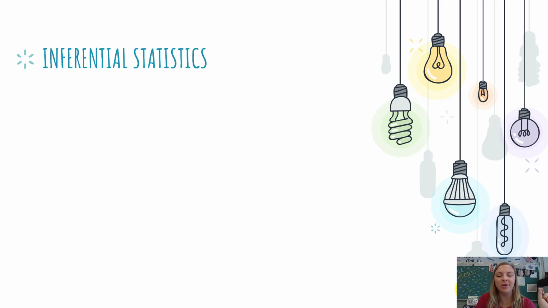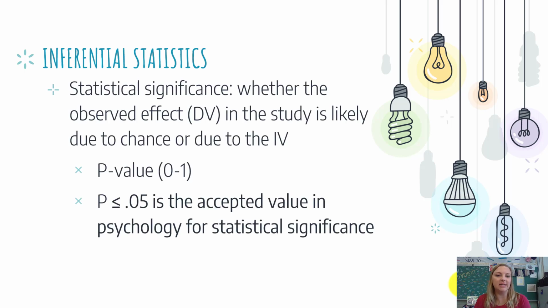Okay, now let's move on to inferential statistics. Again, let's look at that root word. Inferential statistics make inferences or draw conclusions about our data. Statistical significance is whether or not the observed effect or the dependent variable in the study is likely due to chance or due to the independent variable.